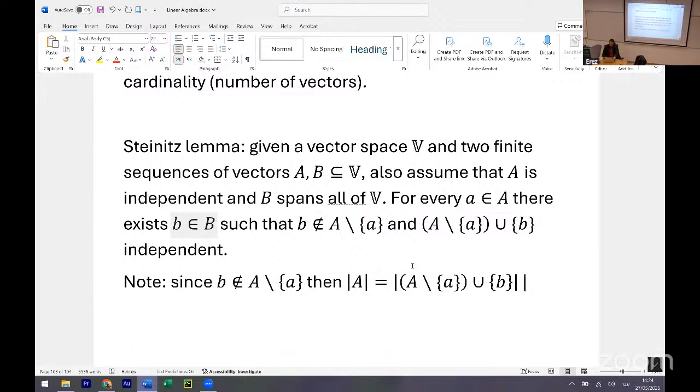Okay, proof. Assume by contradiction that it's not so. Now, a moment of logic.